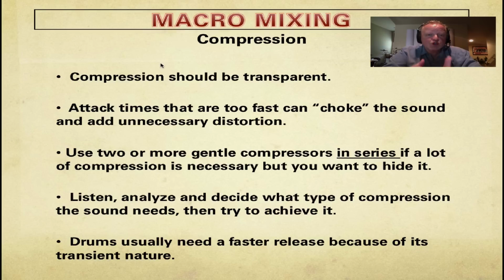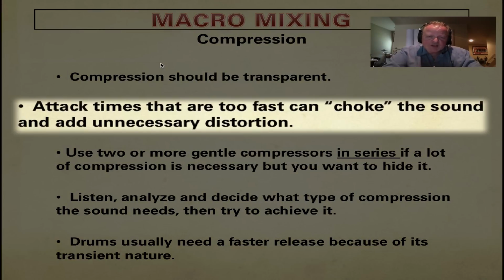Overcompression is a tool that's used on vocals in rap and rock. It creates slight distortion, and that distortion can sometimes be desirable. Attack times that are too fast will choke the sound, as I just explained earlier with the attack time on a kick, or the opposite, the attack time on a snare too slow will not engage your compressor at all.